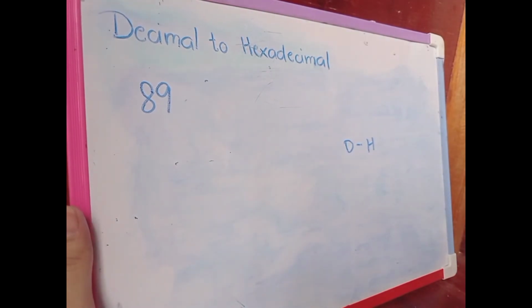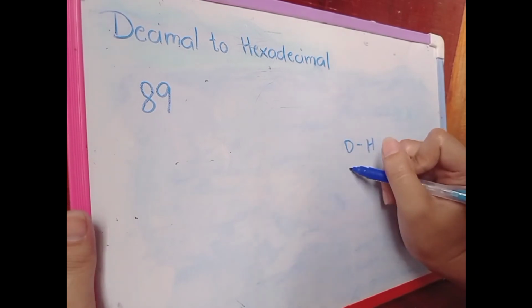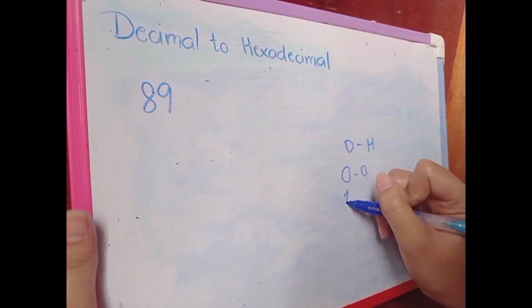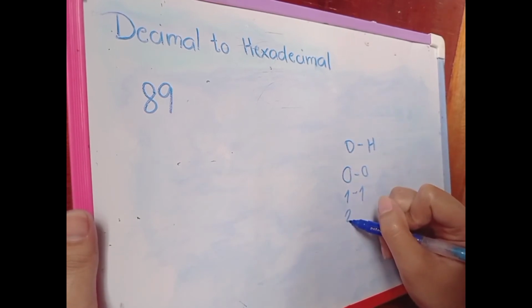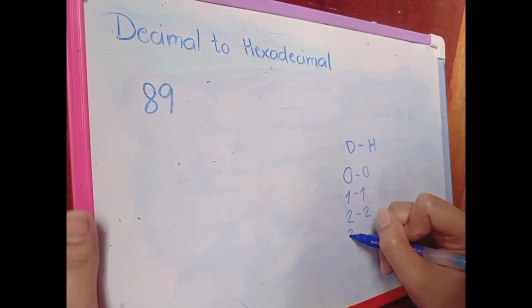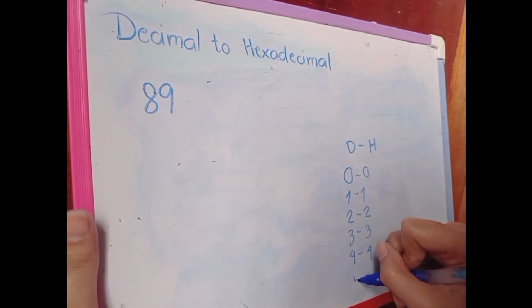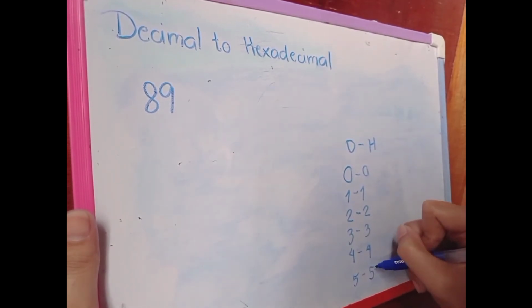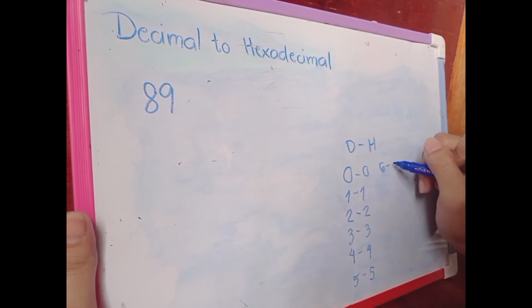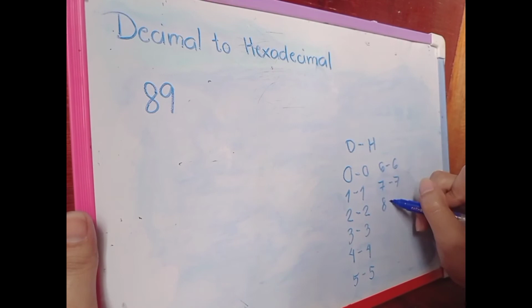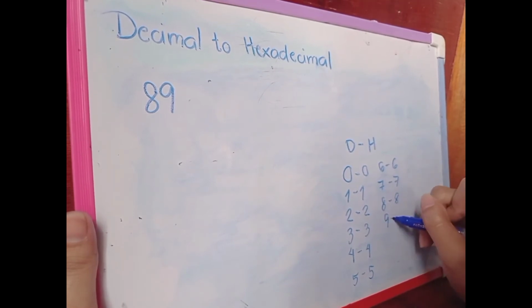From numbers 0 to 9, decimal and hexadecimal correspond the same. 0 corresponds to 0 in hexadecimal, 1 is 1, 2 is 2, 3 corresponds to 3, 4 corresponds to 4, 5 corresponds to 5, 6 corresponds to 6, 7 is 7, 8 corresponds to 8, and 9 corresponds to 9.